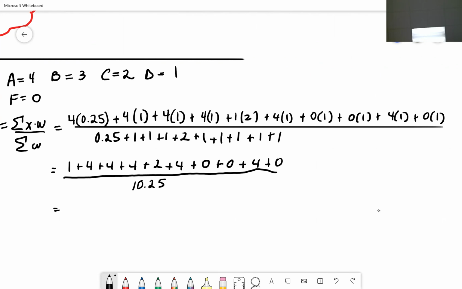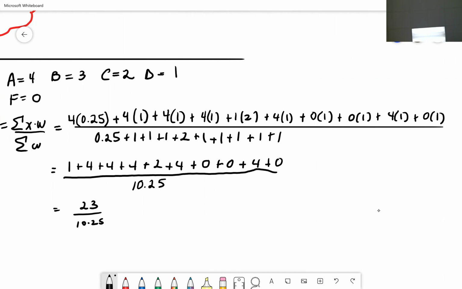So now we take 1 plus 4 plus 4 plus 4 plus 2 plus 4 plus 0 plus 0 plus 4 plus 0. I get, one second, because I pressed the wrong button. I get 23.